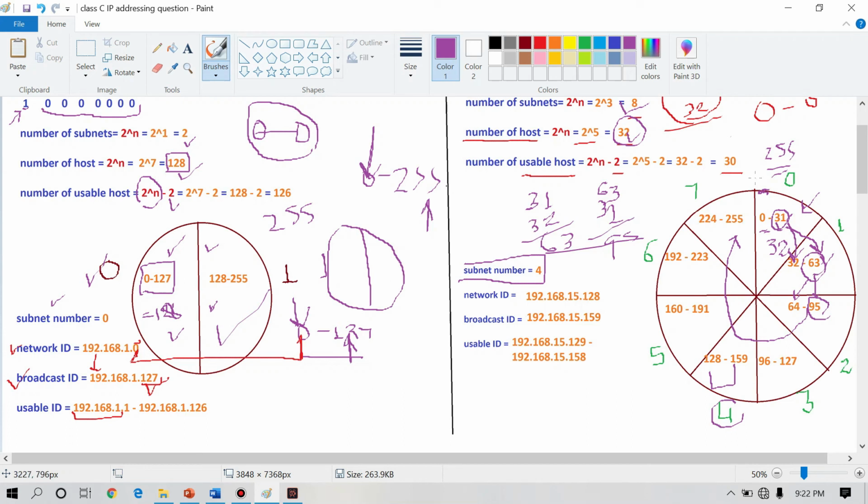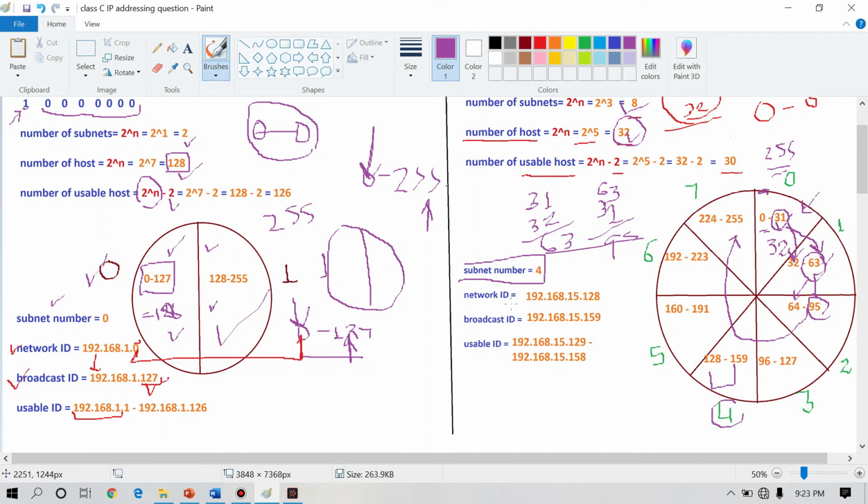You can label it according to yours. I have started from 0. This is 1, this is 2, this is 3, this is 4, this is 5, this is 6, and this is 7. So in total we have 8 subnets. So label according to yours. You can label here 1, 2, 3, 4, but remember what you have labeled. I have labeled from 0. So my subnet number is 4.